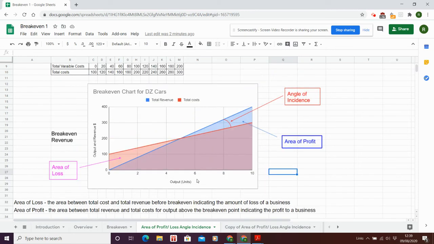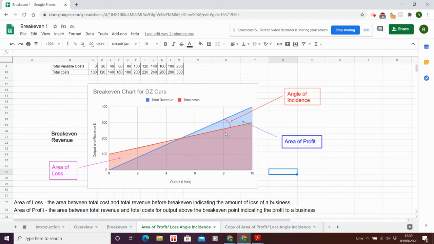And then the final thing that we need to be able to label is the angle of incidence. This is the angle between the total revenue curve and the total cost curve, as you can see in here, and that's a measure of risk.